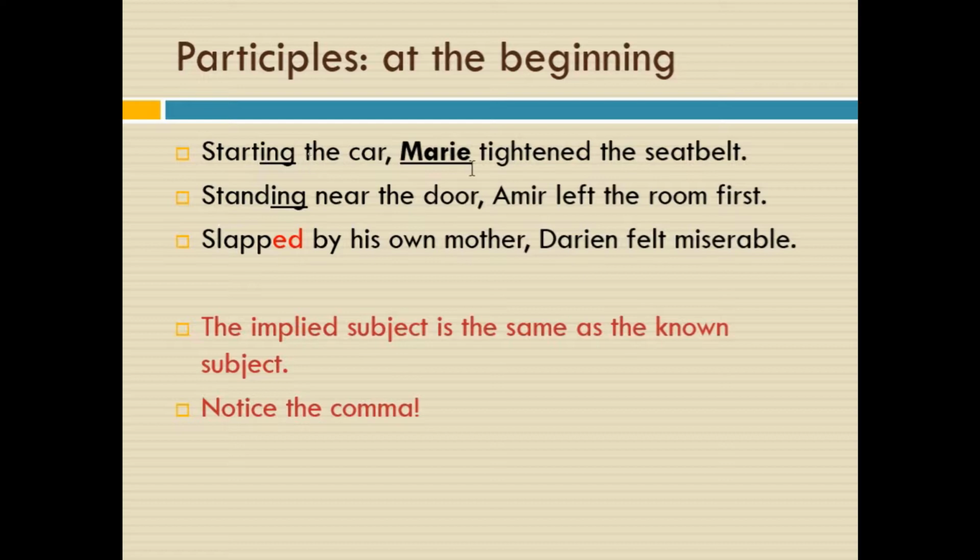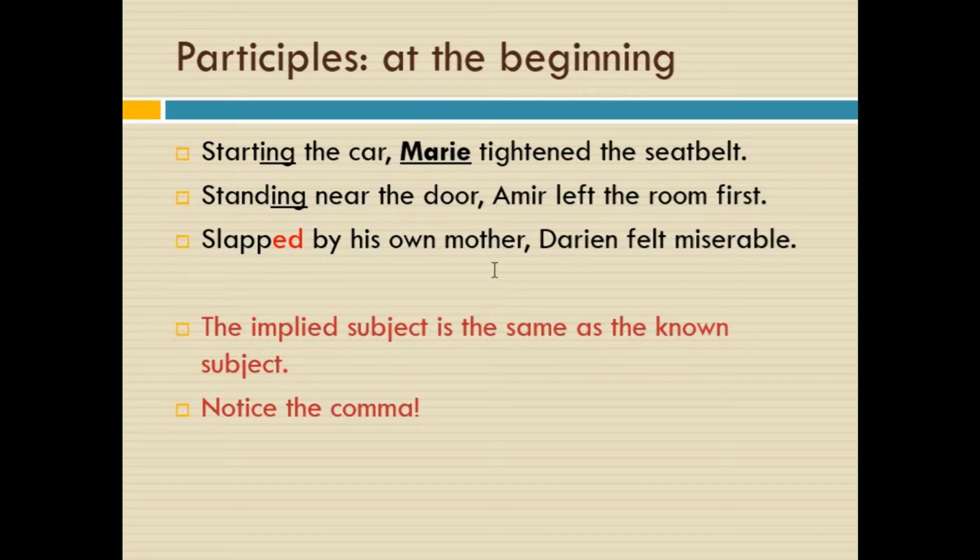But in these two cases, as you notice, Maria tightened the seatbelt. She's the subject of the sentence, but she's also the subject here, because she started the car. In my second example as well, Amir was standing near the door, right?